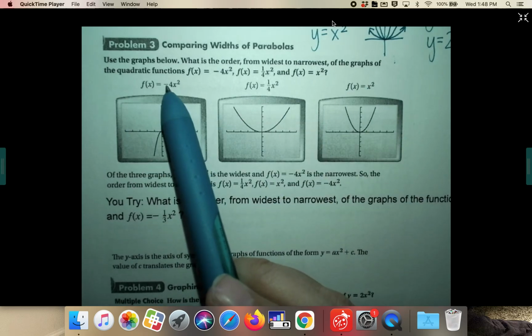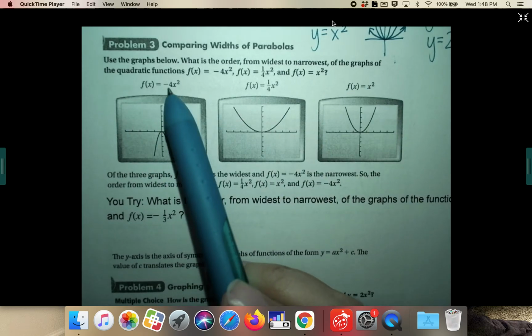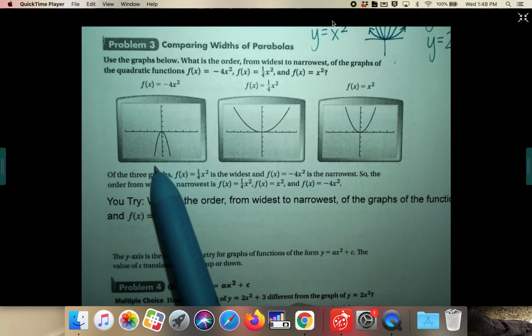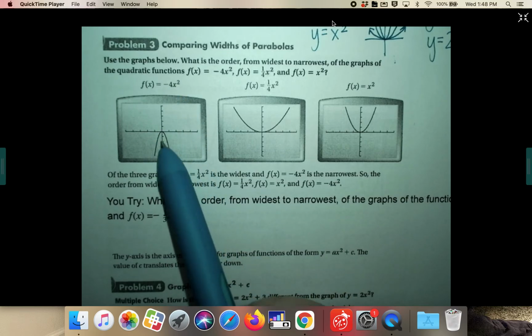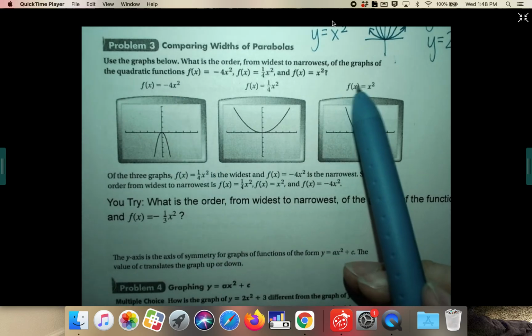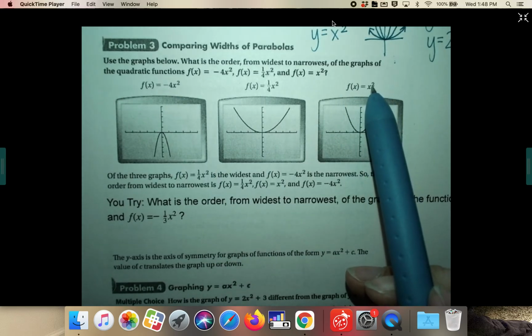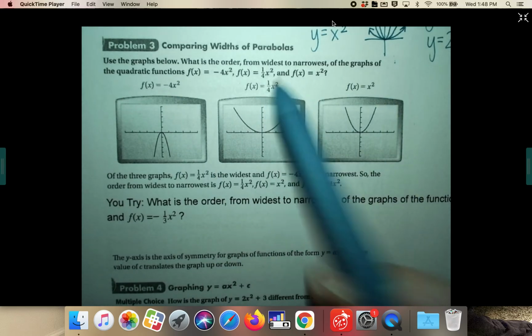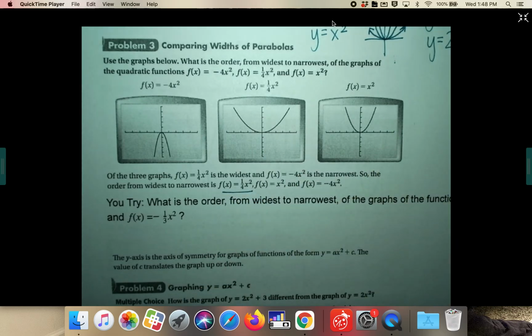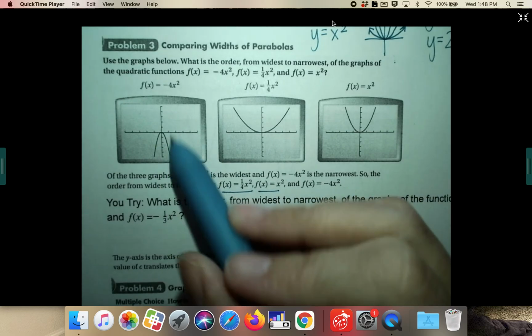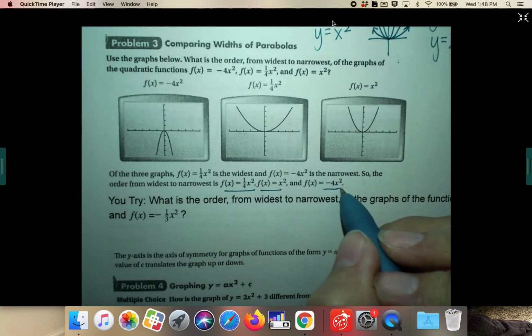And then the negative means it opens down, but the 4 means it's going to be stretched really long and skinny because we're 4 timesing this parent function. So the widest is this one, so that's why they put that one first. And then the parent function is kind of in between, so that came second. And then the long, skinny, stretched one, 4 times upside down, is the narrowest.